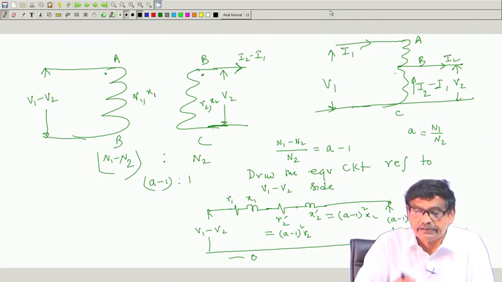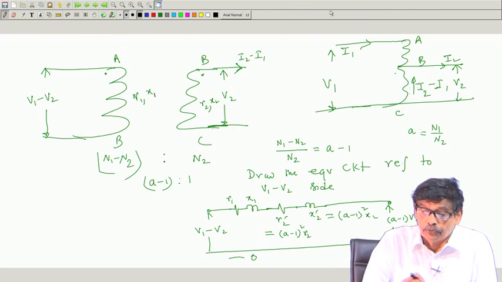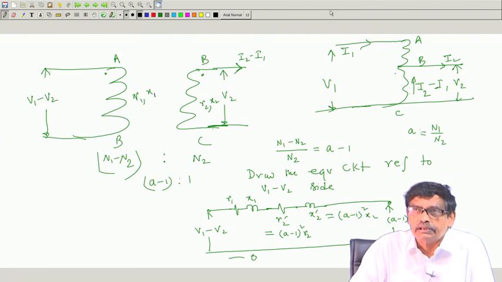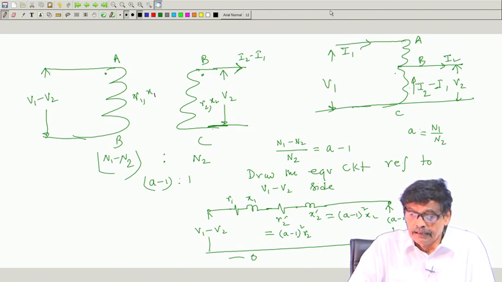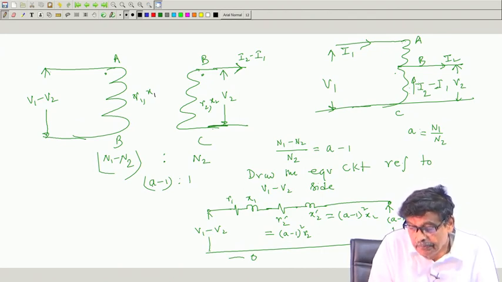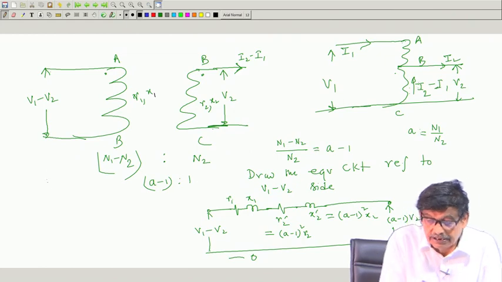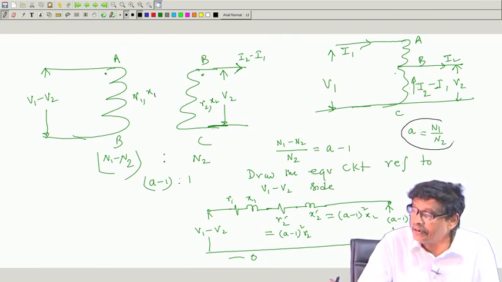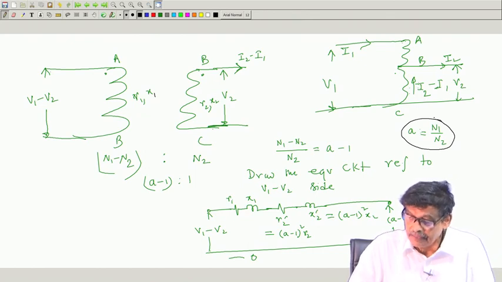Therefore, between these two windings I can apply all the rules that I have applied for two winding transformers, having turns ratio A minus 1 is to 1. What is A? A is N1 by N2, that we know.